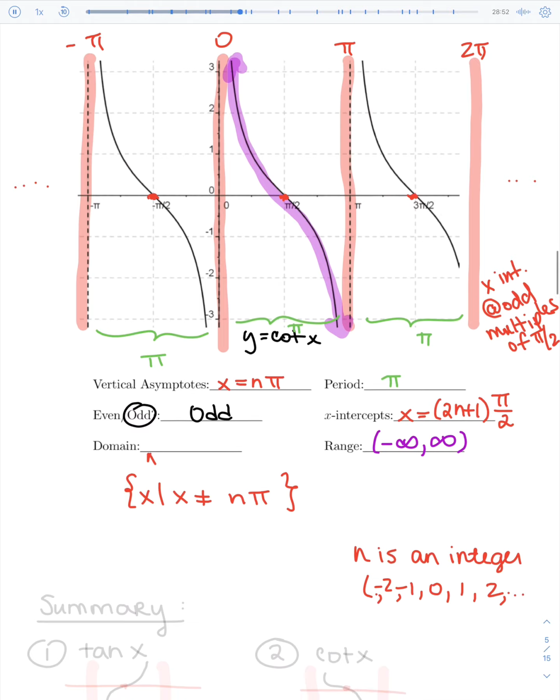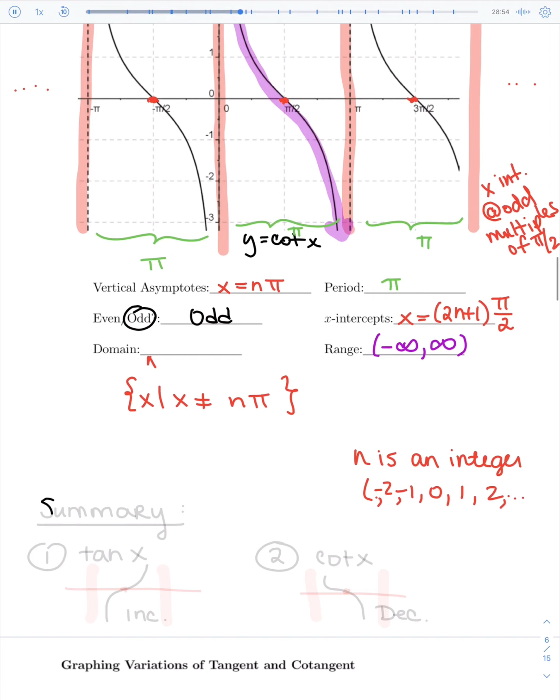So to summarize, if you want a quick way to think about tangent versus cotangent, because it's going to be very easy to accidentally get these in reverse, when I think of tangent, I think of, let's see, what shape do I see? I think of more of like the cube graph going up. And it's always increasing. Whereas the cotangent graph looks very similar, but it's the reverse.